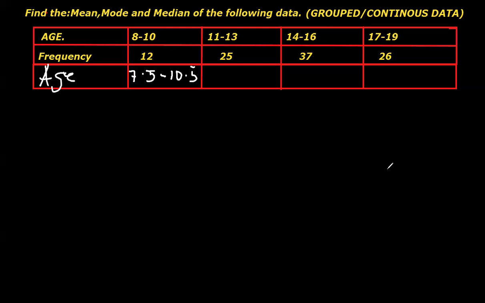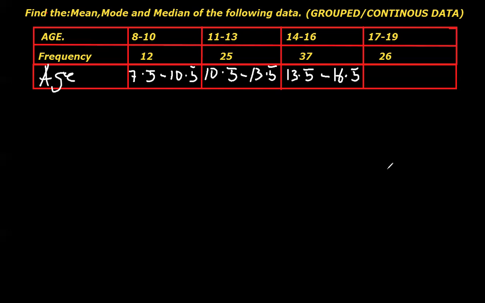Now, the upper class boundary of this class will be the lower class boundary of the next. So the next begins from 10.5, and the upper class boundary becomes 13.5. And the next begins at 13.5, and the upper class boundary becomes 16.5.